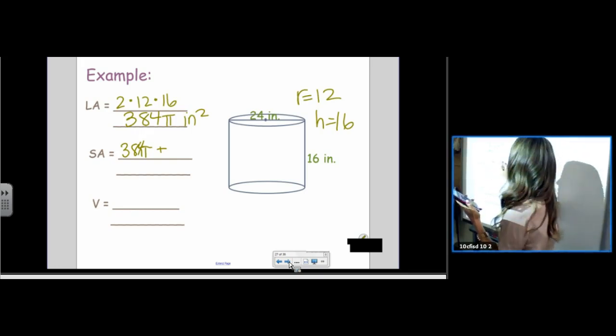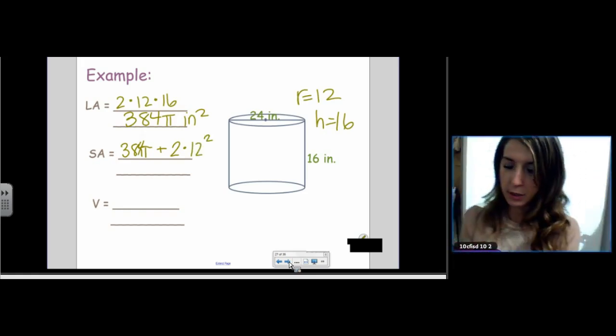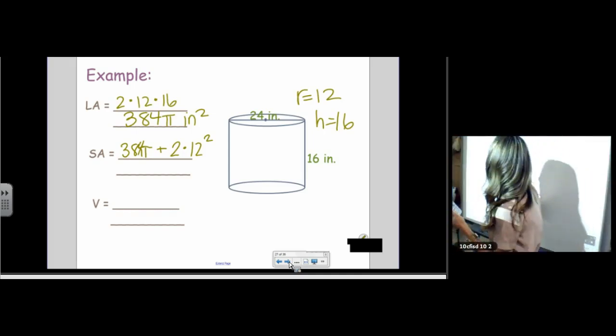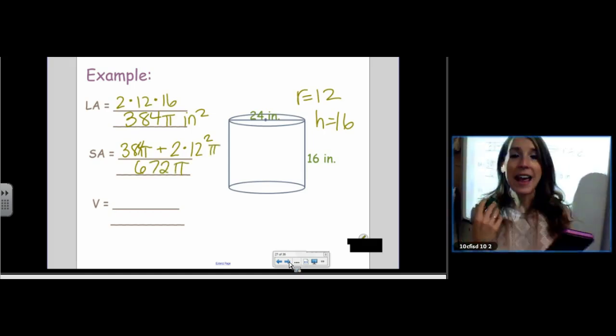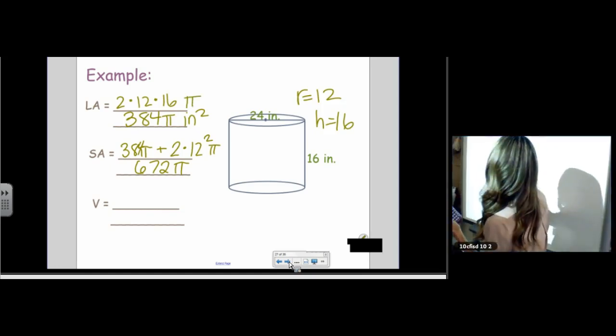So it's 384 plus 2 times 12 squared. You can add them together because they are like terms. They do both have pi in them. So you can add them together to form one term. 672.